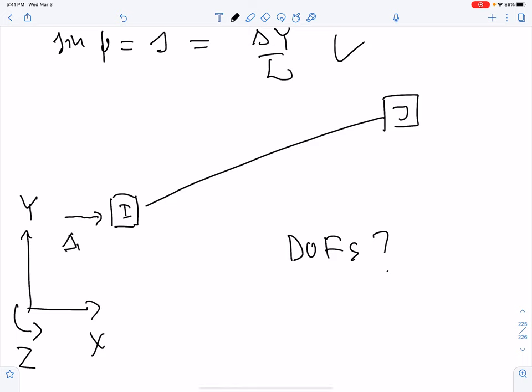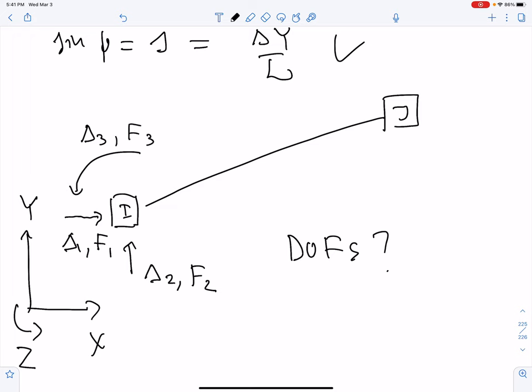So we call it delta 1, x motion, and the corresponding force F1. It can move in y. You get delta 2, F2. But it can also develop a moment and a rotation. So that rotation in the global coordinate system, I'm going to call delta 3. In this two-dimensional setting, counterclockwise is positive. And the corresponding moment, I'm going to call F3.